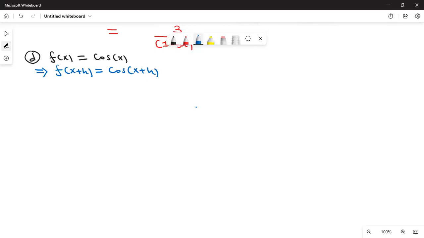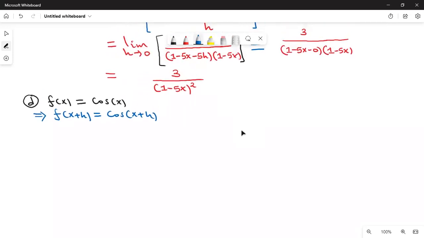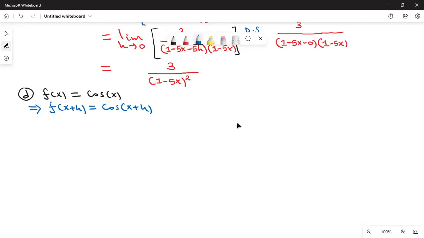I want us to recall the identity, what we call the addition formula for cosine, cos(A+B).